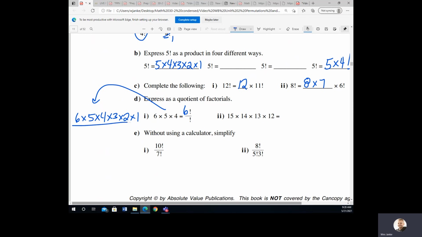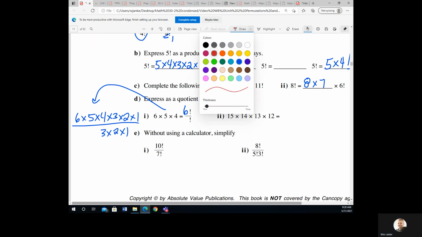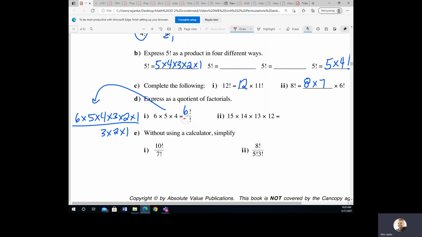Now let's divide this by something that's going to cancel out with some of the numbers on top. So if I go 3 times 2 times 1, then what you can see, that is a 3 factorial.